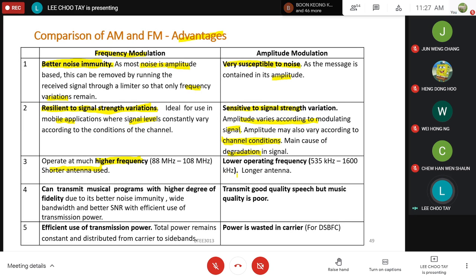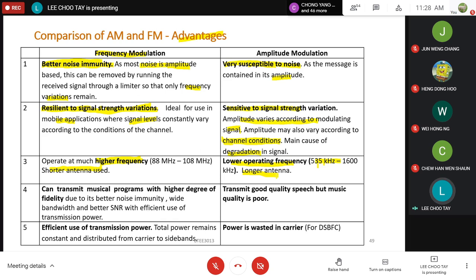This is in contrast with the amplitude modulation signal, where we use a lower carrier frequency, which is in this range. You compare this and this, it is at least 10 times less. So the antenna has to be about 10 times longer. So that is the third one.